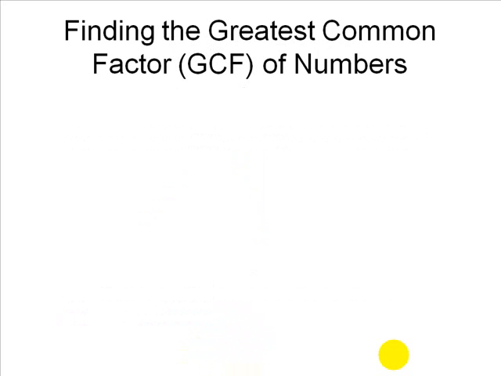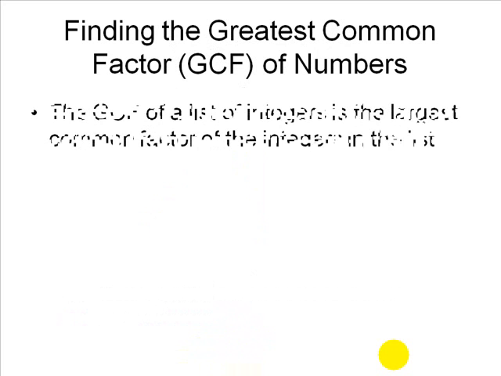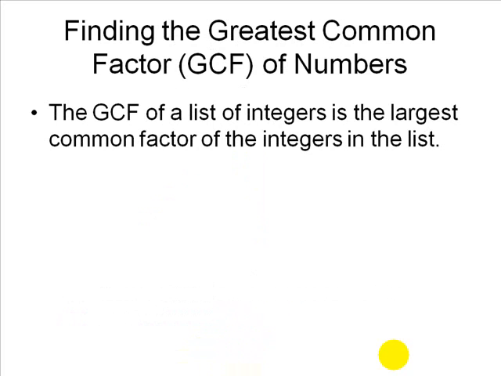To find the greatest common factor of numbers, we are provided with a list of integers. In the list, the largest common factor of the integers is known as the greatest common factor. So let's take an example. 45 can be broken down as 3 times 3 times 5, or 3 squared times 5.